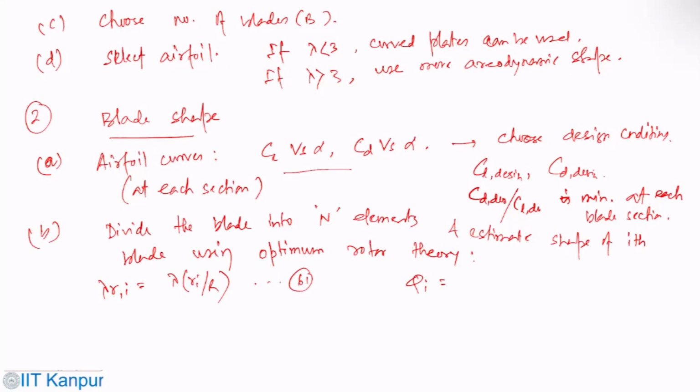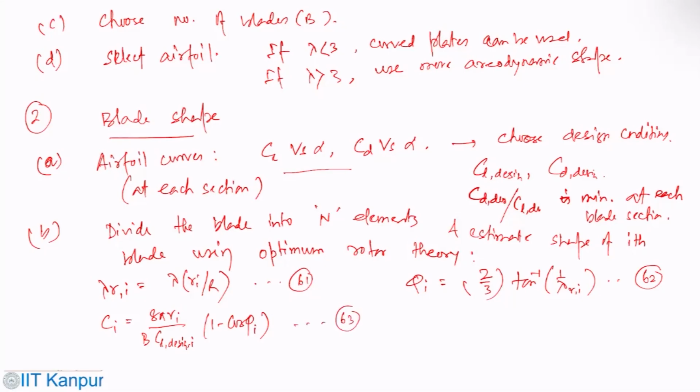Then we have theta_Ti = theta_pi minus theta_p0, which is the twist angle. And then theta_pi = phi_i minus alpha design_i.